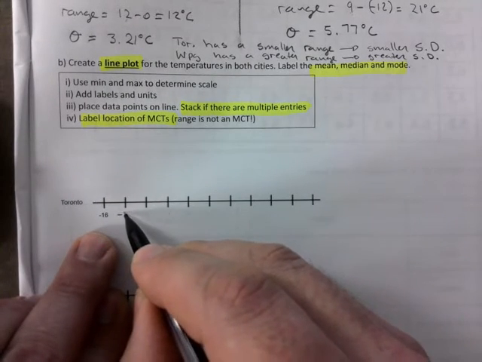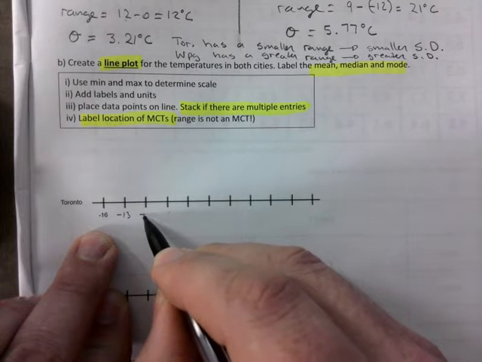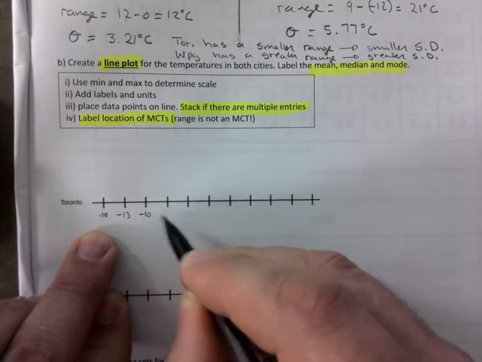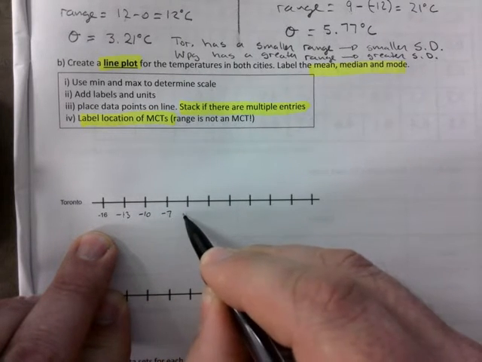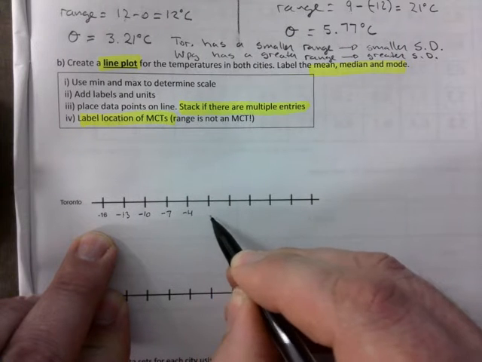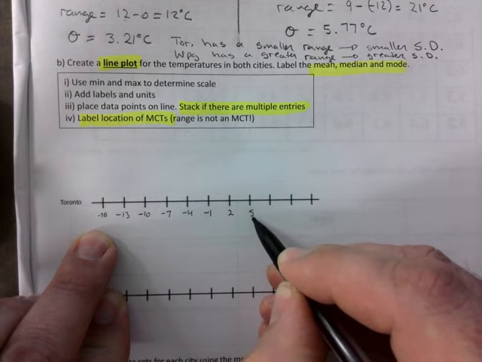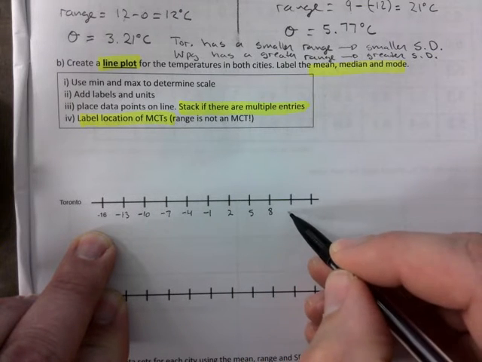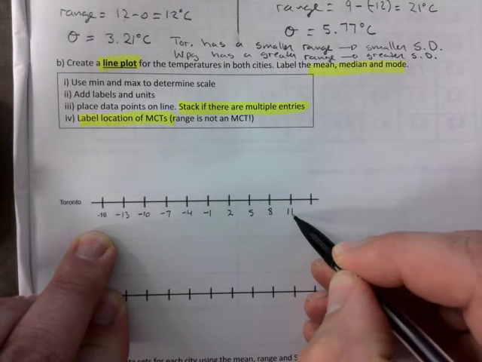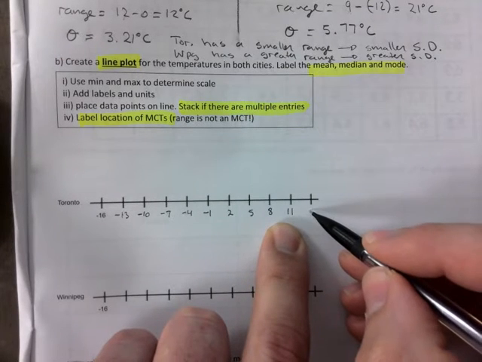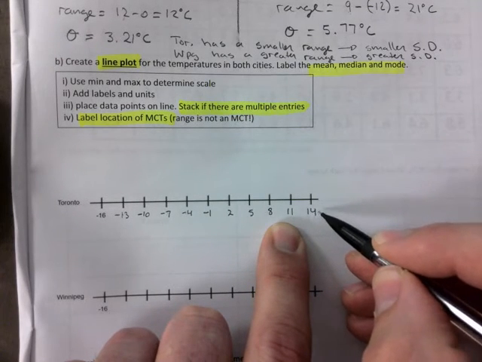So negative 16, negative 13, negative 10, negative 7, negative 4, negative 1, 2, 5, 8, 11, and 14.